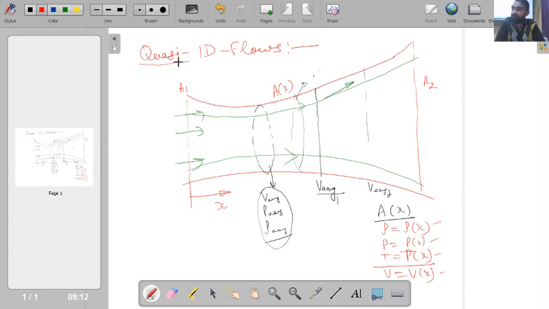Is this point clear? Now when we talk about quasi one dimensional flows, first we have to see how our governing equation takes its form. We started initially with the integral form of the equation, so we will apply the integral form here, deduce the conservation equations, and then also see one important relation known as the area velocity relation.